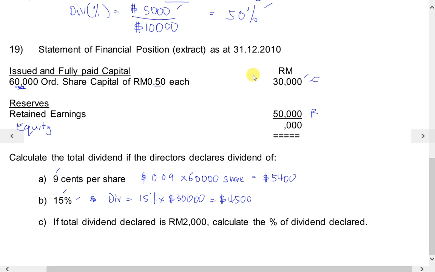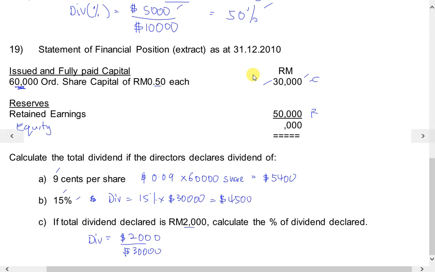Okay. Next one. What if the total dividend is 2,000? Calculate the percentage. So they invest 30,000 and we pay them 2,000 dividend. So the dividend in percentage terms: out of 30 we declare to them 2.